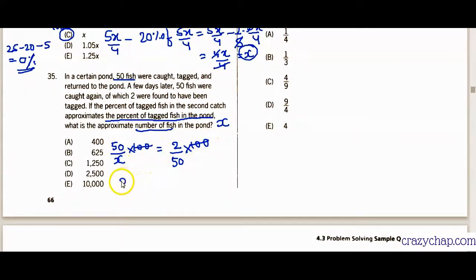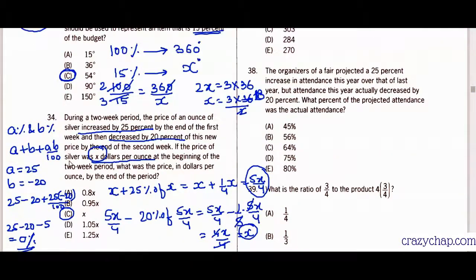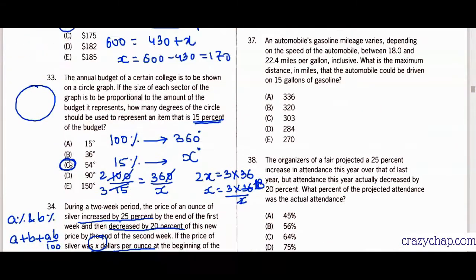So we get 2x equal to 2500, x equal to 1250. We divided them. Option C should be the correct answer, right? Fine. Let's move on to question number 36.